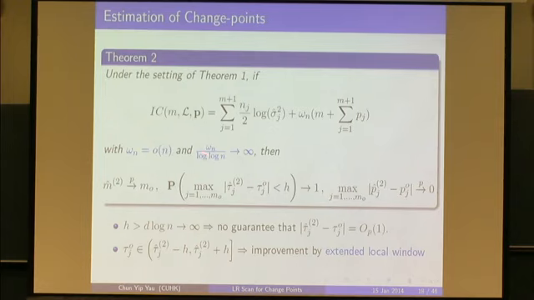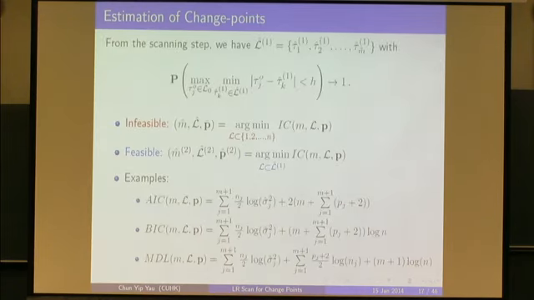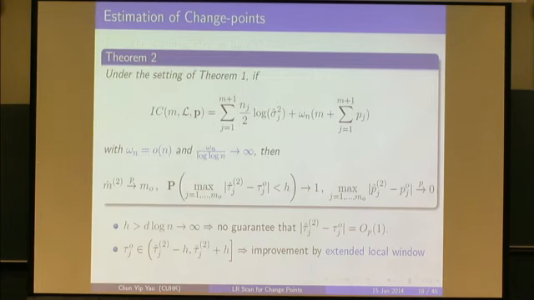In the sense that M2, the number of estimated change points from the second step, which minimizes this information criterion, is consistent, and also the location is close in the sense that the true and the estimated change points are within h distance, and the AR order can also be consistently estimated.